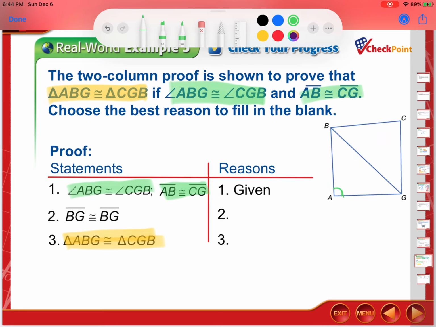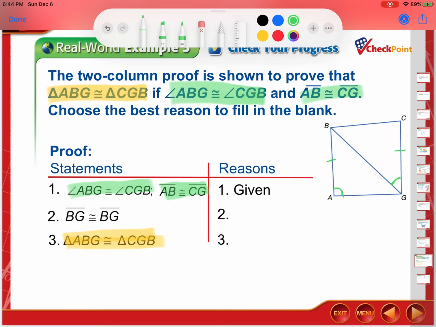So let's take a minute, let's label those in the picture because the pictures are invaluable to help demonstrate what is being shown. So CGB, so this angle and this angle are the same. I'm not so sure I love this picture, but whatever.